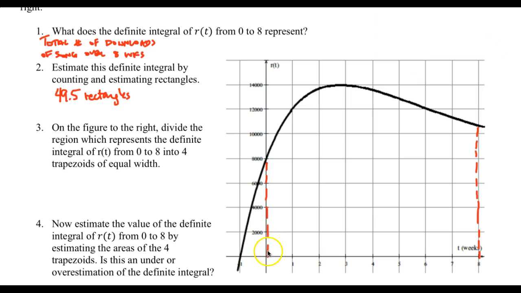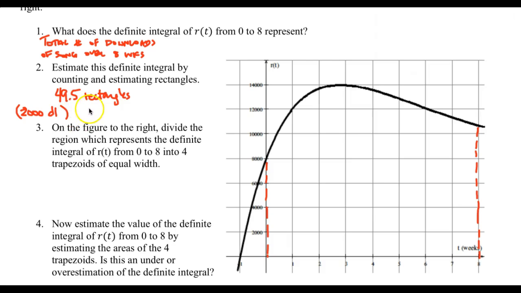So how many downloads is that? Well, each rectangle is 2,000 downloads per week tall and 1 week wide. So each one represents 2,000 downloads. I'll call it DL, downloads. I don't like the way I wrote that because it makes it look like a rate. Downloads.